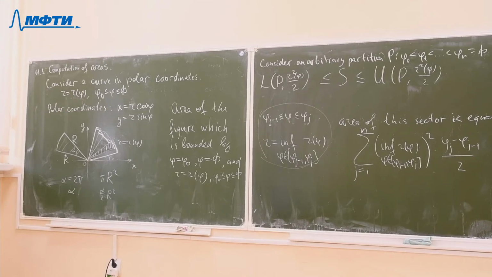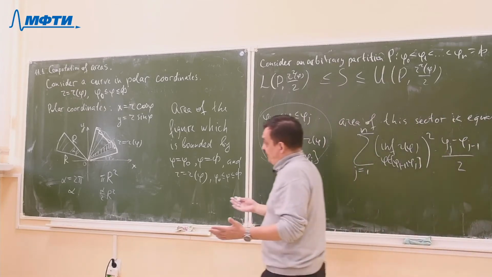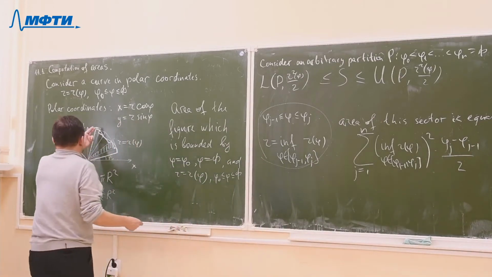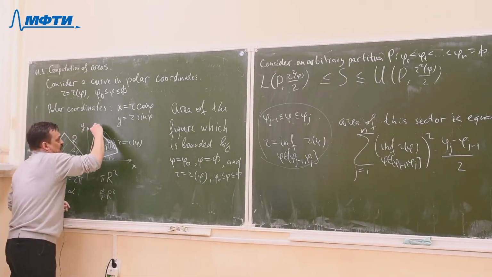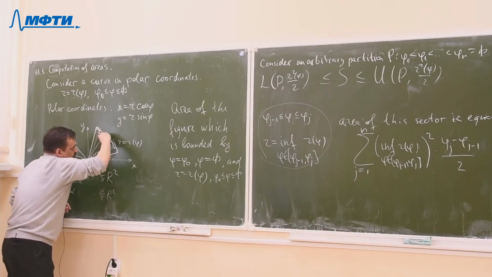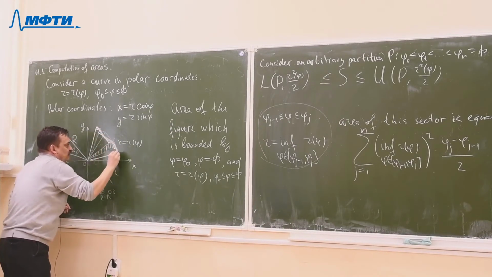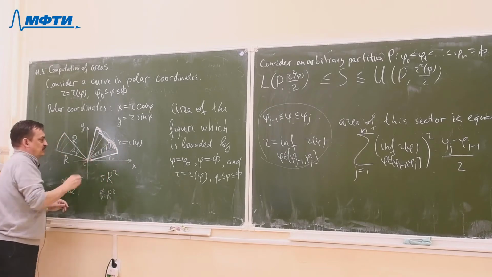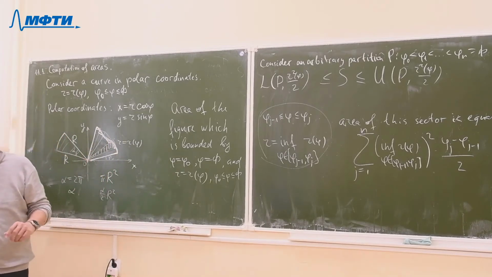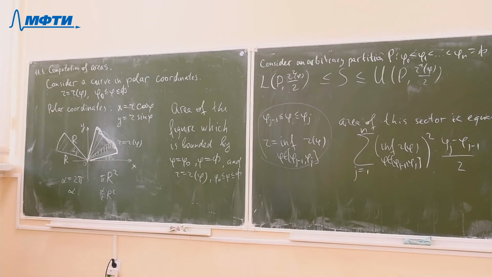So what do we want? We want to define a number which represents the area of this curvilinear figure. Unfortunately, I have no colored chalk.